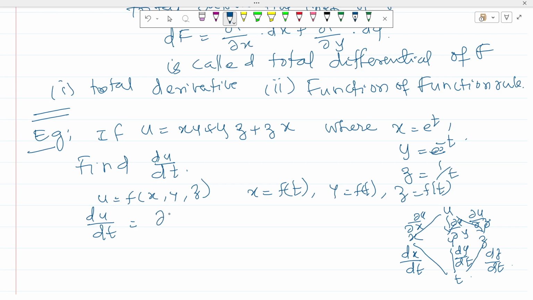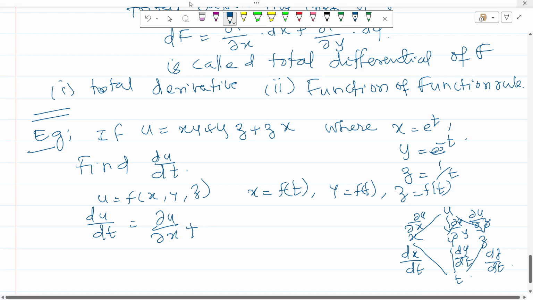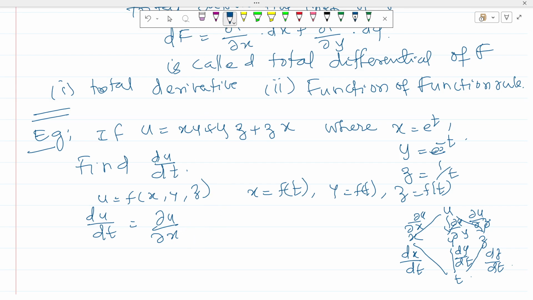du/dt equals ∂u/∂x into dx/dt, plus ∂u/∂y into dy/dt, plus ∂u/∂z into dz/dt.